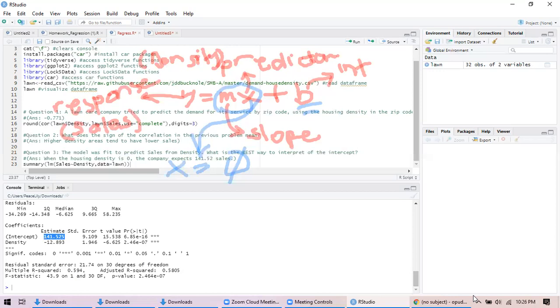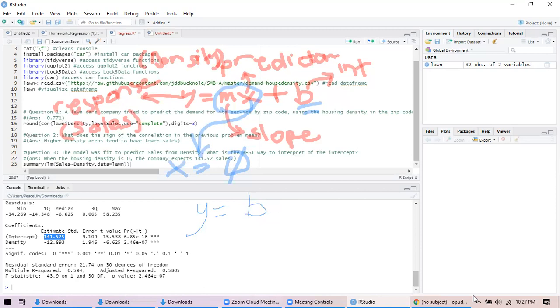The slope is negative 12. So since x equals 0, our equation becomes y equals b, right? Does that make sense?